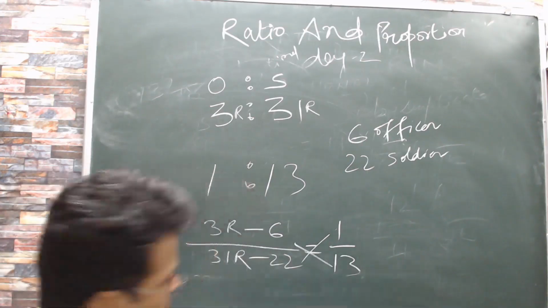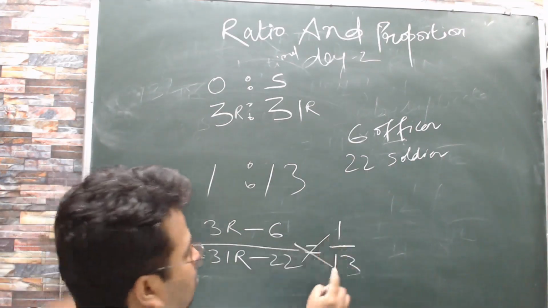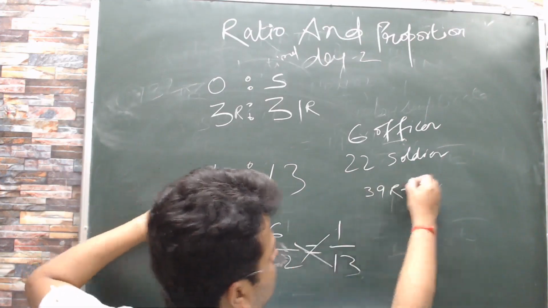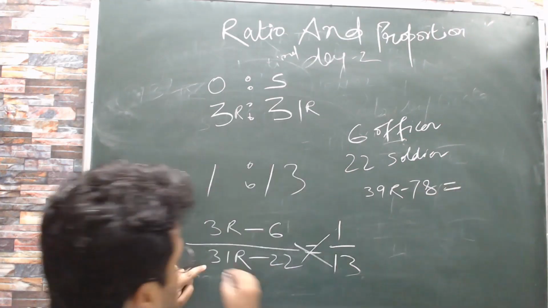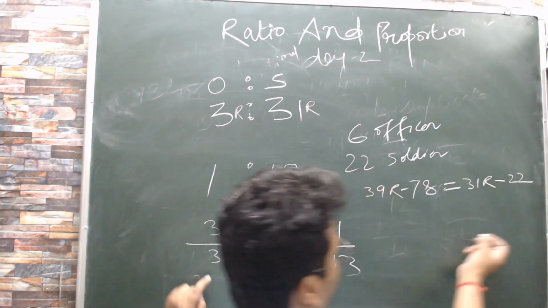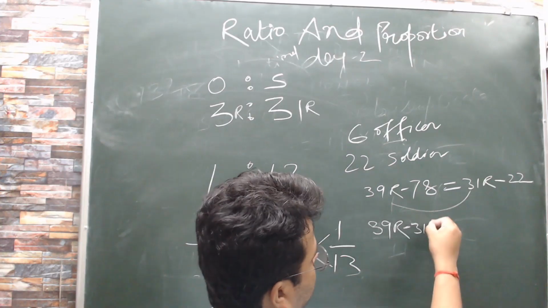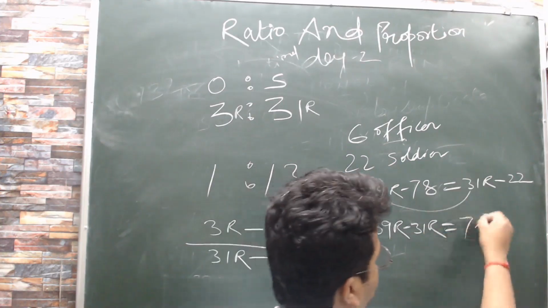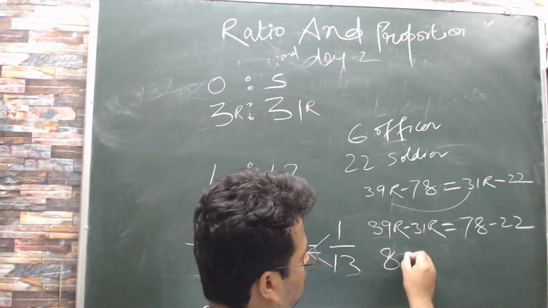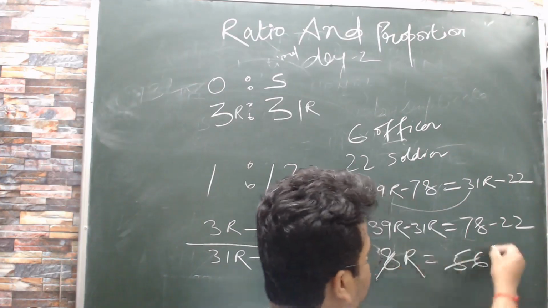So up to here it is visible. So 39R minus 13 6s are 78 is equal to 31R minus 22. Move the variable to one side, so 39R minus 31R is equal to 78 minus 22. So you have 8R is equal to 56.